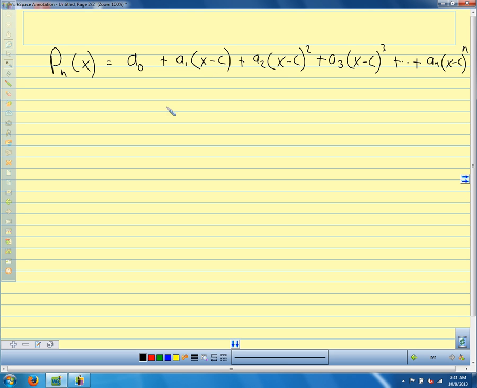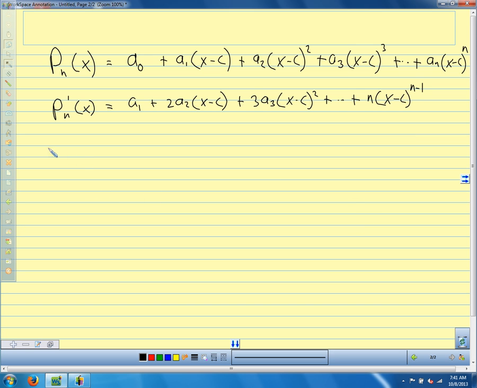So let's take the derivatives of this function. P prime of x: we're just going to take the derivative. Well, that constant term goes away, and we just end up with a1 plus 2a2 times (x minus c) plus 3a3 times (x minus c) squared plus dot dot dot plus n a_n times (x minus c) to the n minus 1.